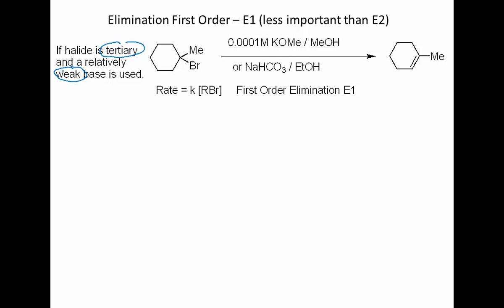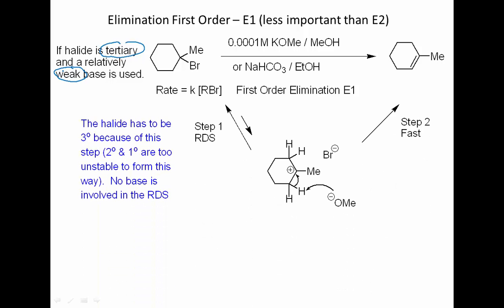All right, so this reaction here is a two-step reaction where in step 1 we dissociate bromide ion to make a carbocation. It's because we're making a carbocation that the halide has to be tertiary.